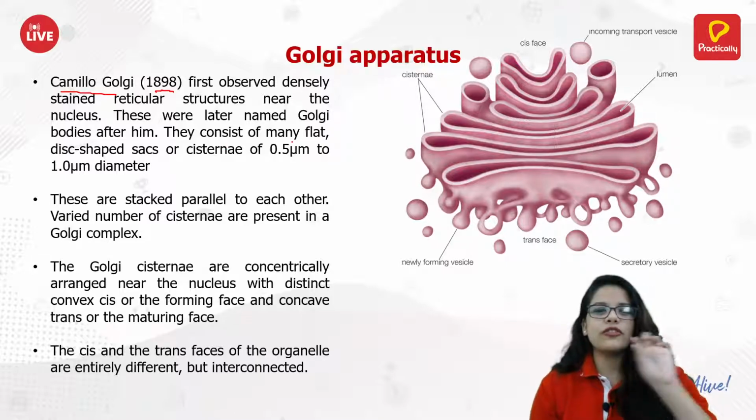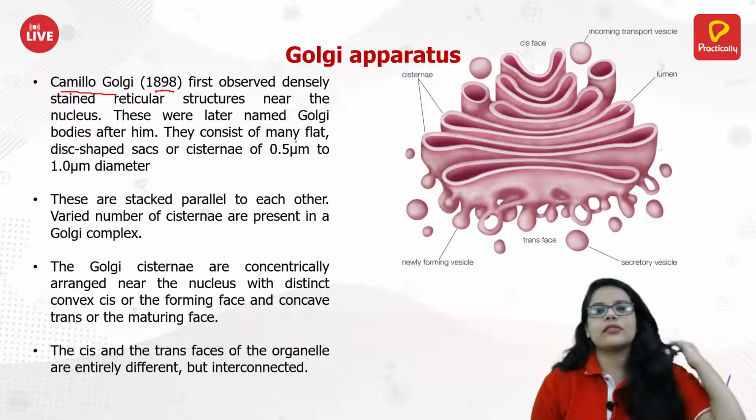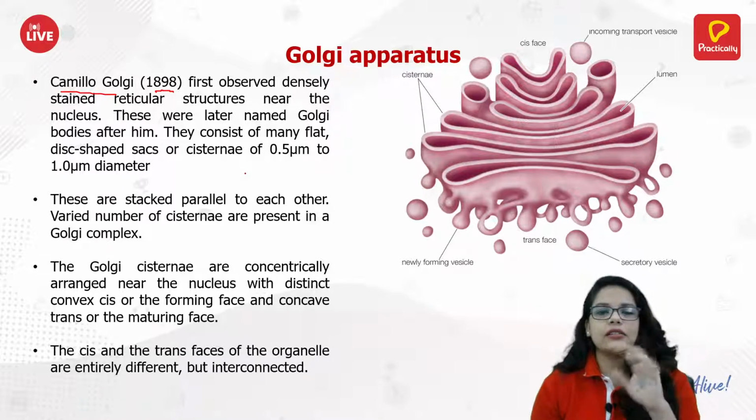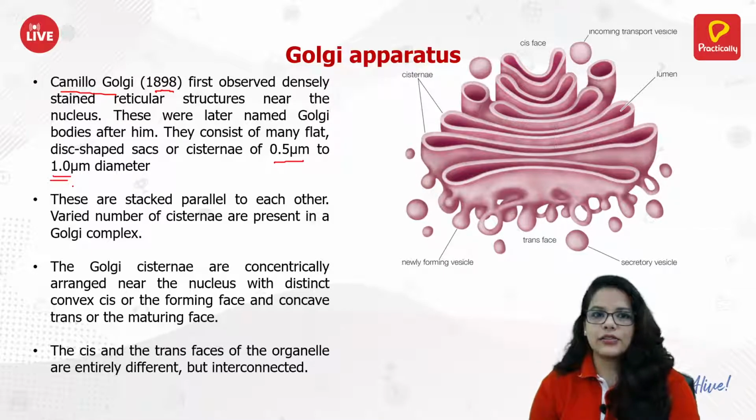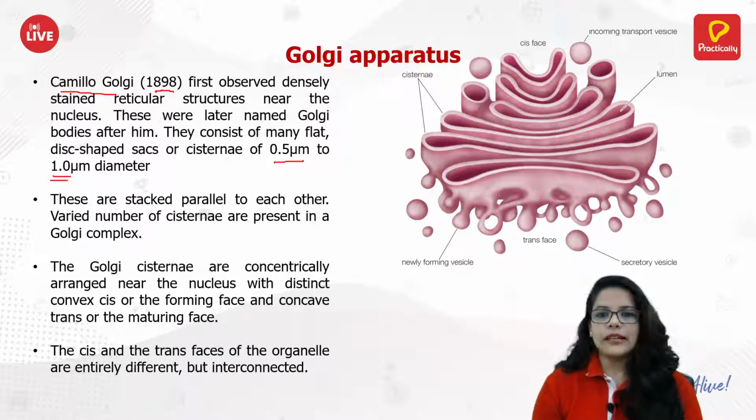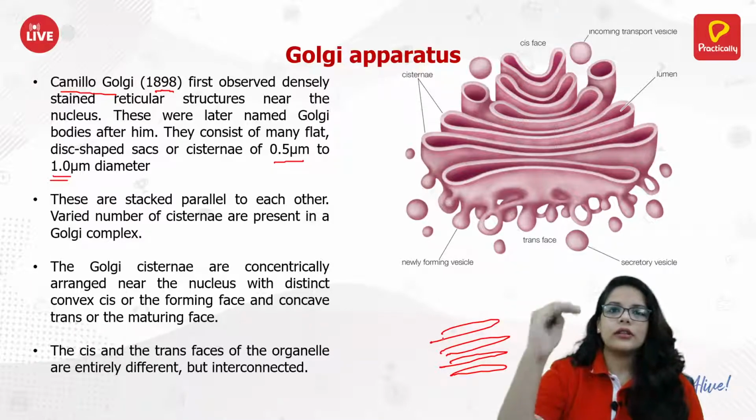They are basically flat sacs, disc-like sacs, and they are very small, 0.5 micrometer to 1 micrometer in diameter. So they're very small, flat, sac-like structures, and they're just stacked parallelly one on top of another, like pancakes.